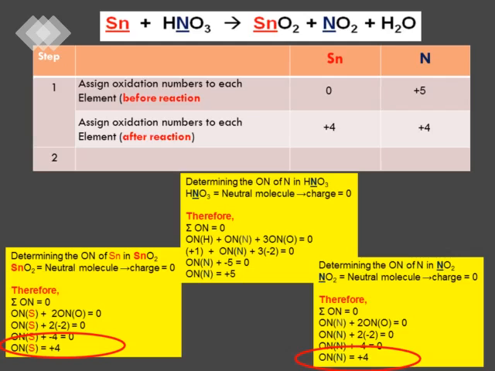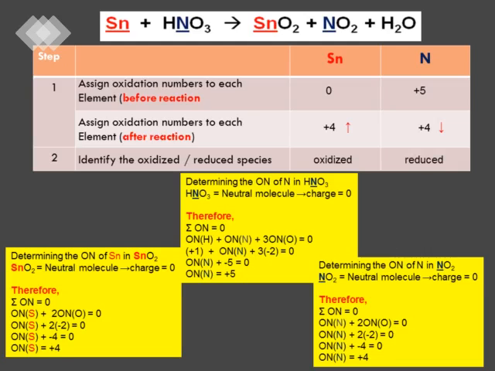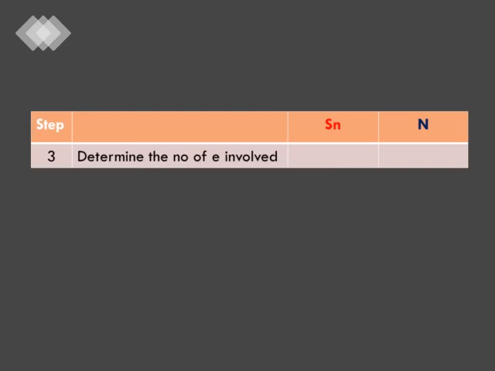We realize that the oxidation number for stannum is increased and the oxidation number for nitrogen is decreased. Therefore, stannum has been oxidized and nitrogen has been reduced. Then we determine the number of electrons involved.